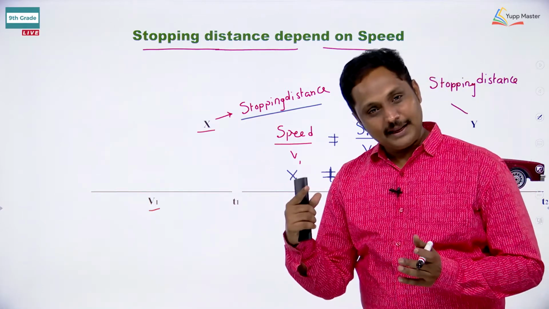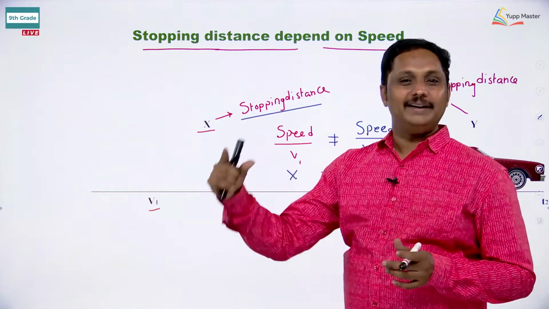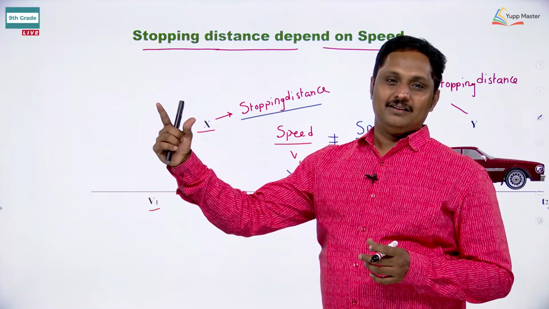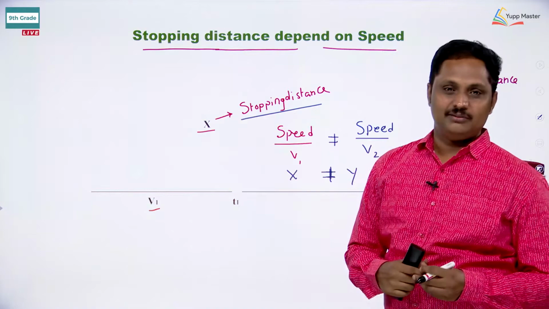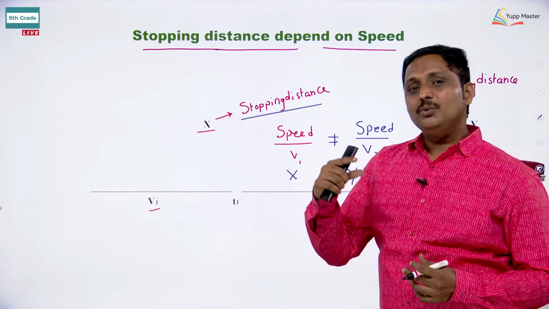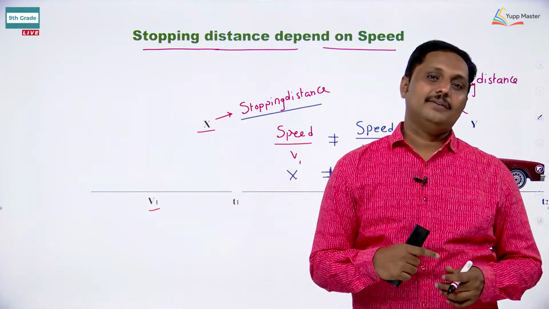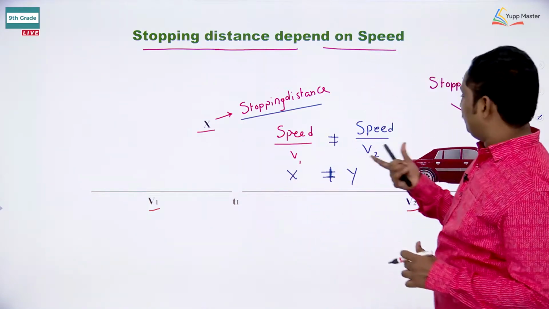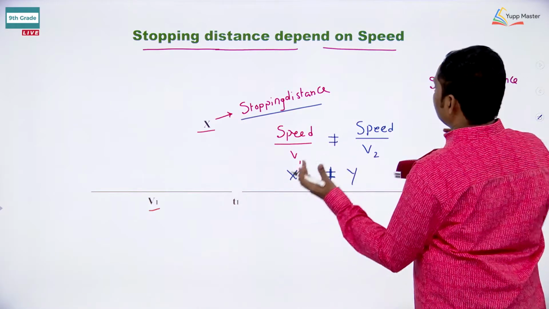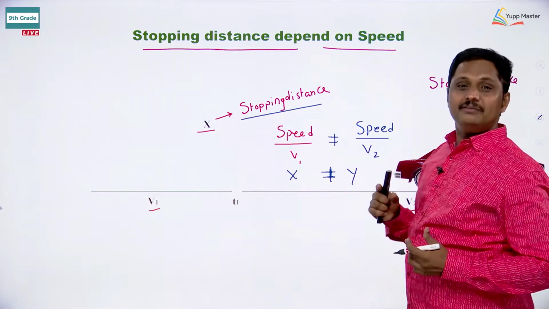After applying the brakes, it has stopped at a distance of 10 meters or 5 meters, whatever they have given. Then you have to find the speed of the moving car. Different models they will assign. First of all, you will understand that case.